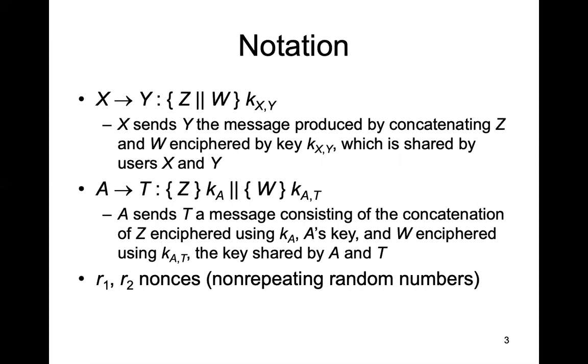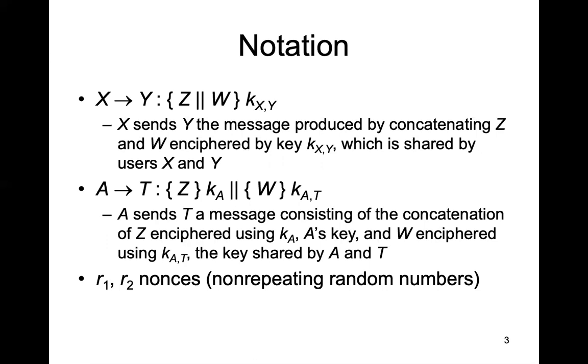Okay, so for this lecture, we will be using a slightly different notation for encryption. The primary reason we are going to be using this notation is because it is somewhat easier to write when expressing a protocol.